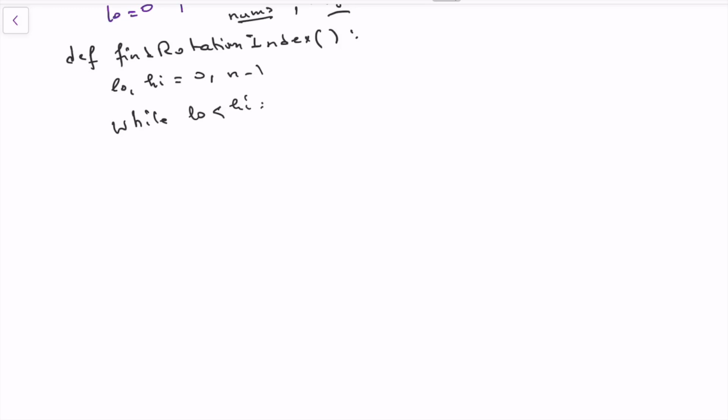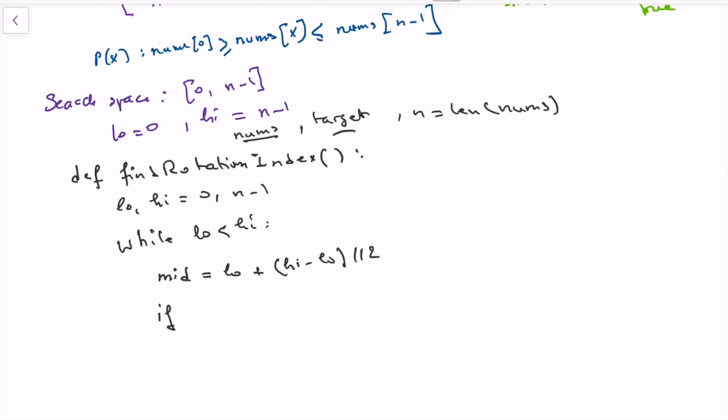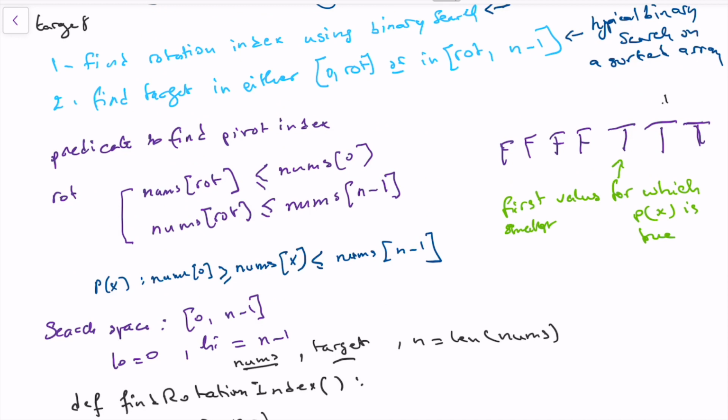So we need to calculate the mid, right? So mid is equal to low plus... and then we check if p of x is true, and p of x is this, so that means we check p of mid: if nums of mid is smaller than the first element and smaller than the last element, then either it's this one or another one in between after that, or it's really the first one.